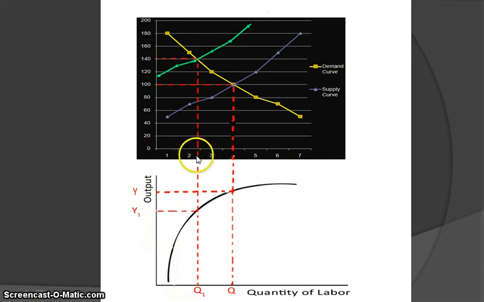These 4 workers can be transferred to this particular curve. We bring it down, and therefore Q represents the 4 workers from the labor market. So Q is the quantity of labor, and this level of employment will bring about this level Y of output.